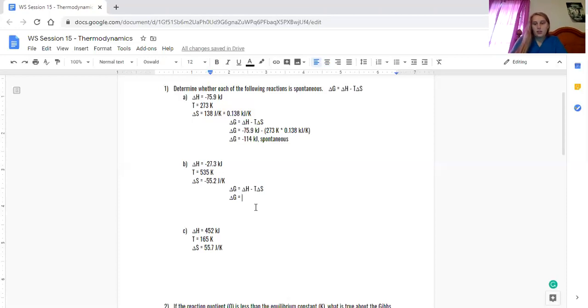So delta H is negative 27.3 kilojoules. And just like before, we have to move this into kilojoules too. So that's going to be equal to negative 0.0552 kilojoules per Kelvin.